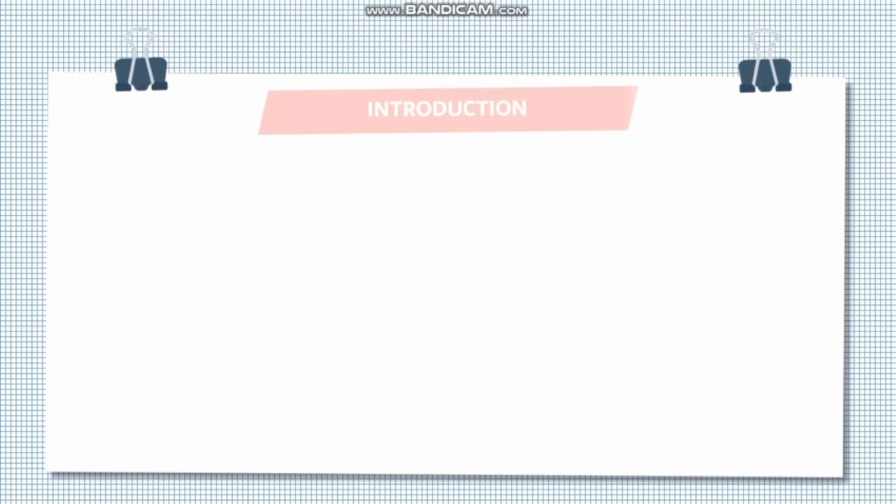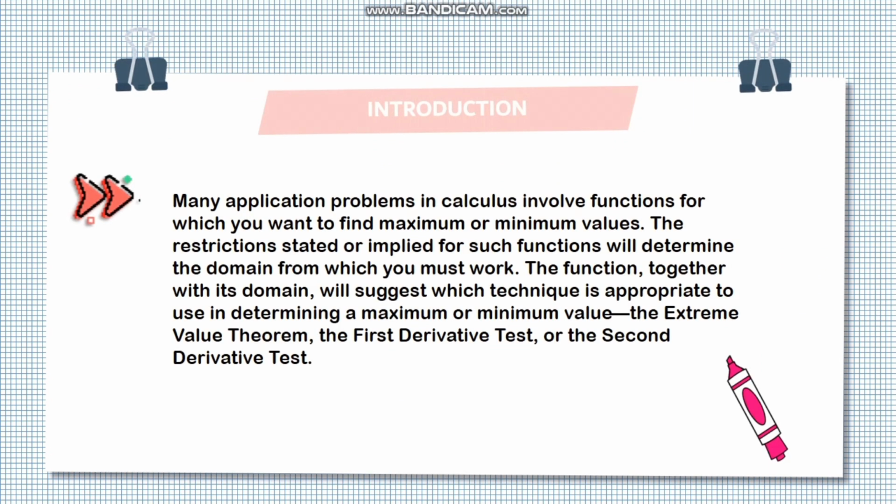Here is the introduction. Many application problems in calculus involve functions for which you want to find maximum or minimum values. The restrictions stated or implied for such functions will determine the domain for which you must work. The function, together with its domain, will suggest which technique is appropriate to use in determining a maximum or minimum value.